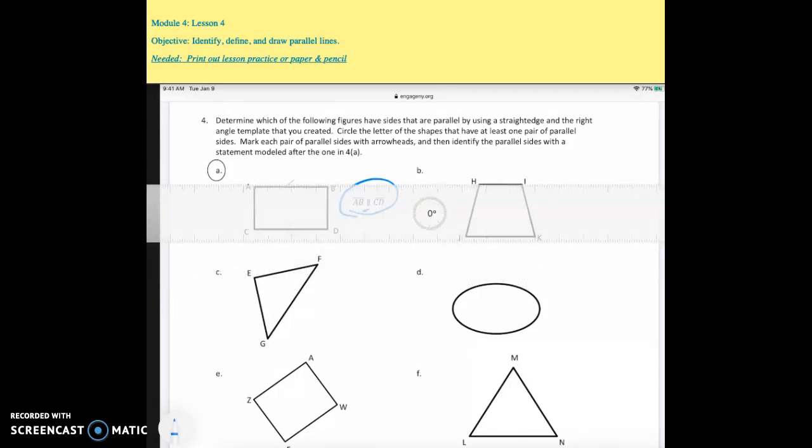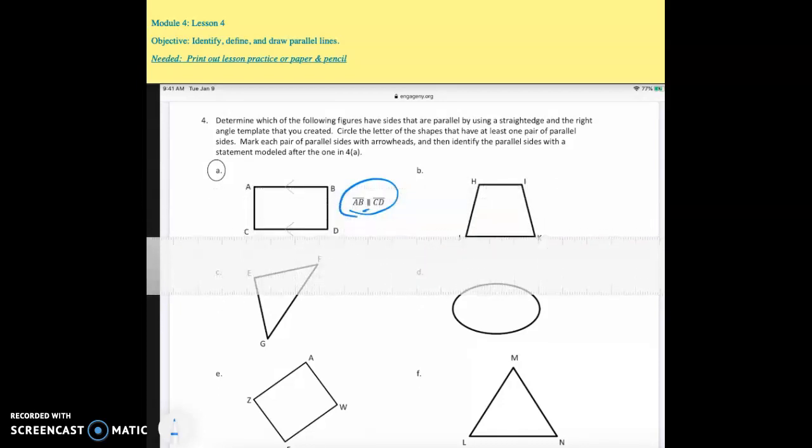Let's go on to B. Well, HI is definitely parallel to what? Yep, JK. So let's write that. First, we're going to mark it. That means it is parallel to this right here.